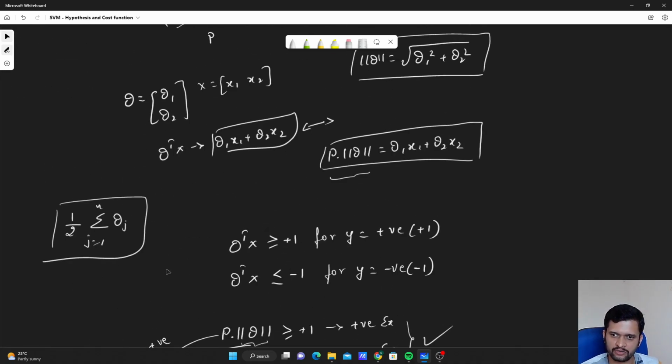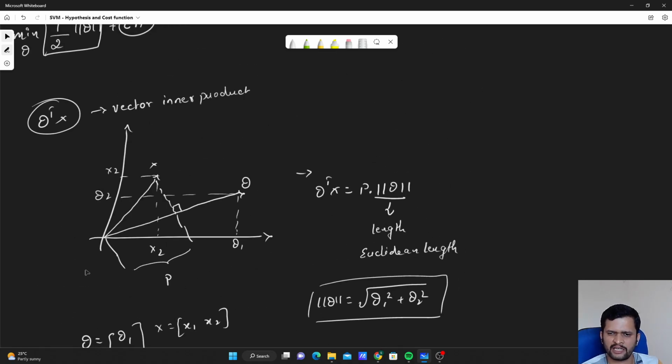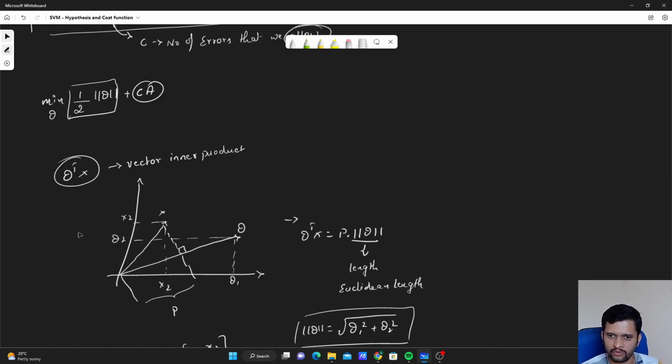So I hope you understood this. There is a lot of maths involved in this. I have tried to explain it in simpler terms by combining many things. I have gone through many videos and referred to many sources so that I can explain it in an easier way. I know this is still a lot to consume.